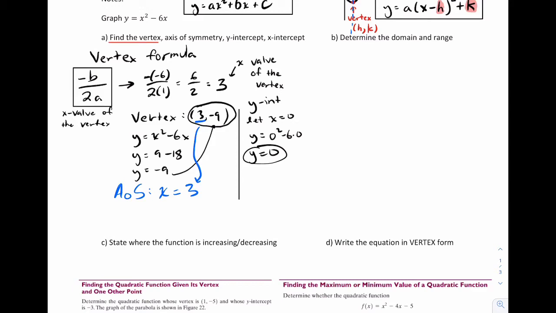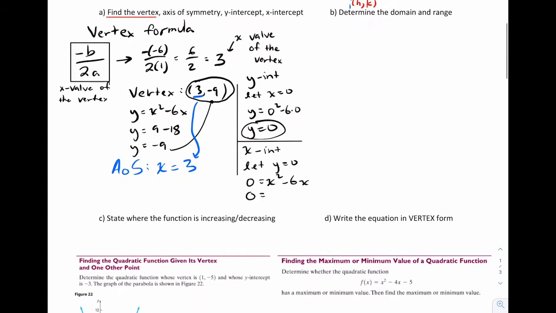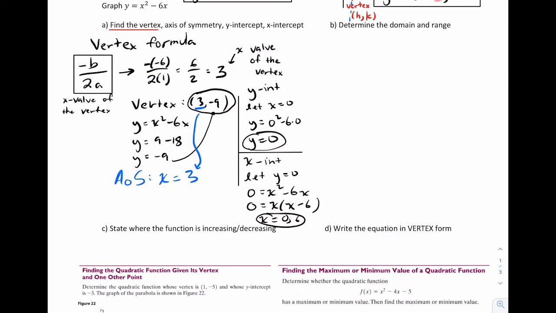There's our y-intercept. Now we're going to find the x-intercept. We're going to let y equal 0. So 0 equals x squared minus 6x. And this should be a pretty standard solve. Just factor out your x. And we have our two answers right there, 0 and 6. So there's our x-intercept.